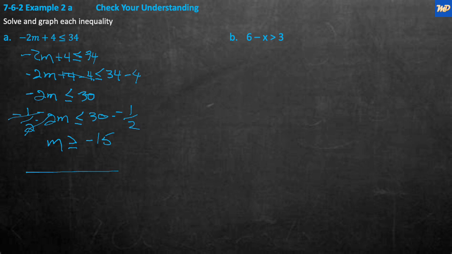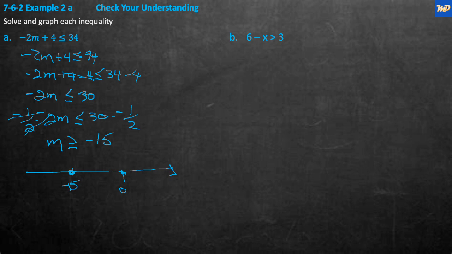So now we're going to draw this out. Here's our number line. Here's 0. Minus 15 is here. It's m is greater than or equal to minus 15. So we can put a dot right on the minus 15 because there's the equals.